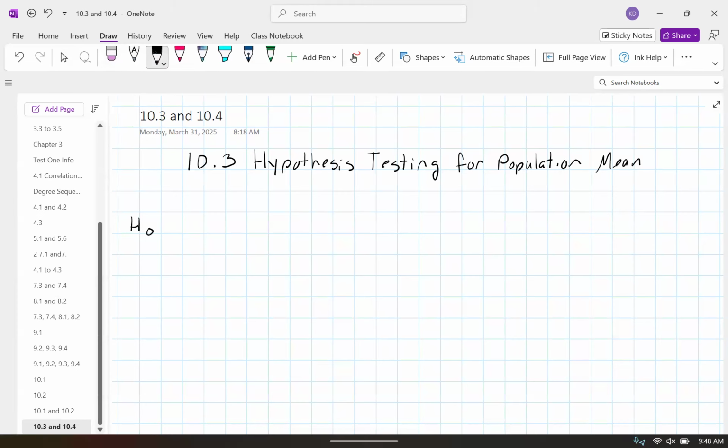H0. Then we have two-tailed. Then a left-tailed. And a right-tailed. And then I will draw the picture for this.